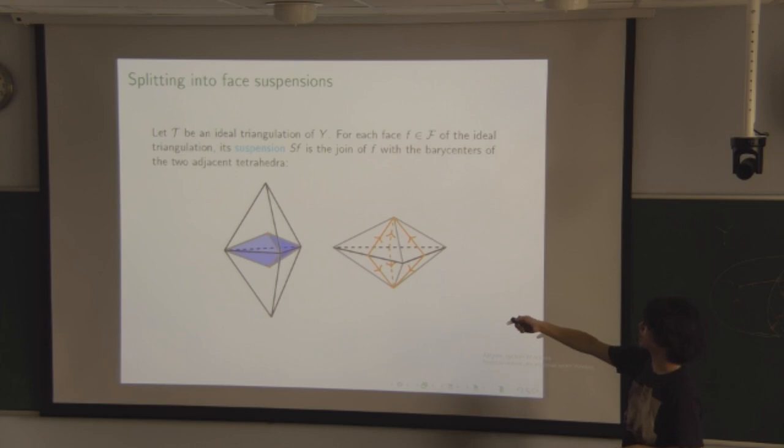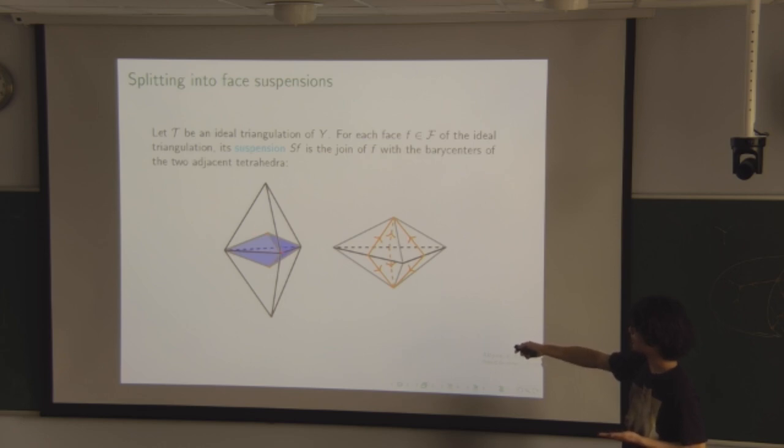For that, we need to start from an ideal triangulation of Y. And it turns out that a more natural way of splitting Y is not into ideal tetrahedra, but actually into what we call phase suspensions. So what's a phase suspension? Let's say this left picture is part of an ideal triangulation. So we have two ideal tetrahedra glued along a face, a triangle.